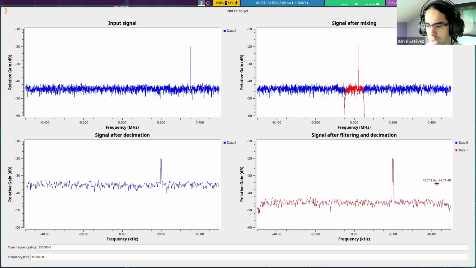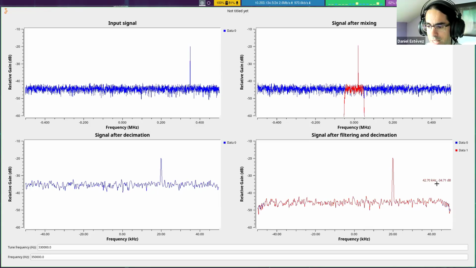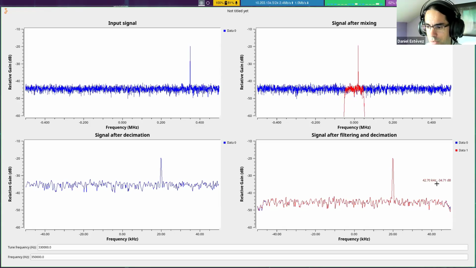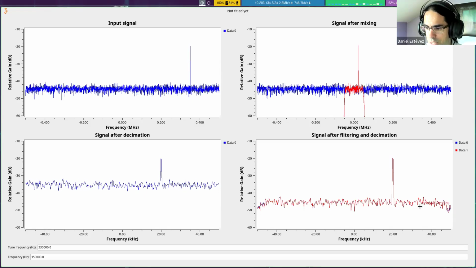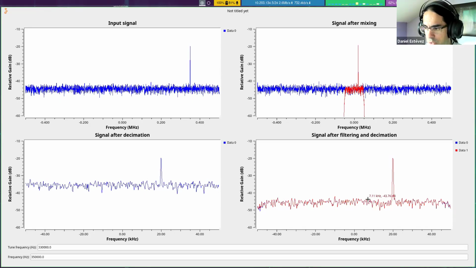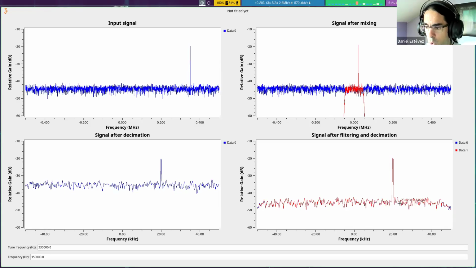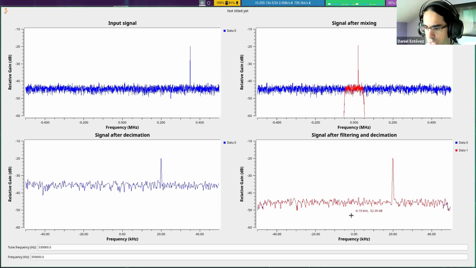Maybe there are some numerical precision differences or some small amount of rounding, whatever. But in the rest of the spectrum, the two signals are so close that it's almost impossible to see the difference.